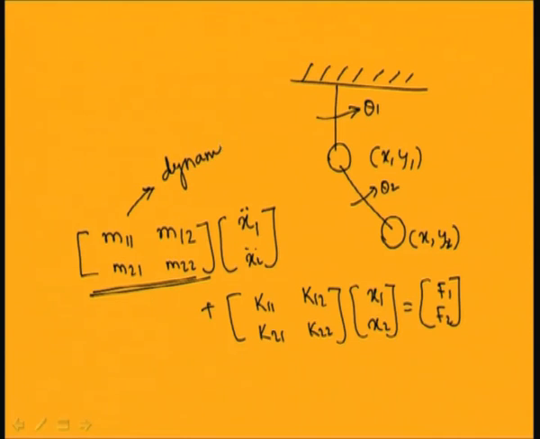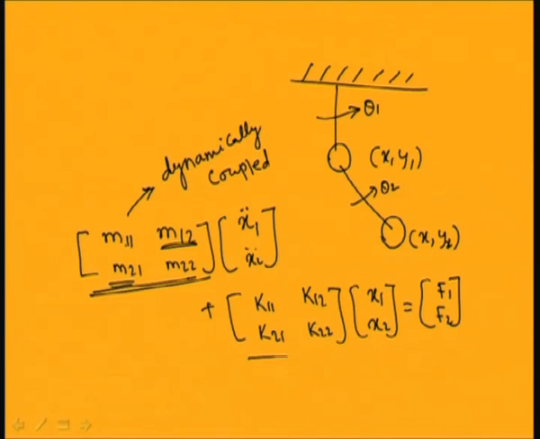Here m11 and m22 are the diagonal terms, and the other two are the off diagonal terms. If these off diagonal terms are not 0, then the system is dynamically coupled.